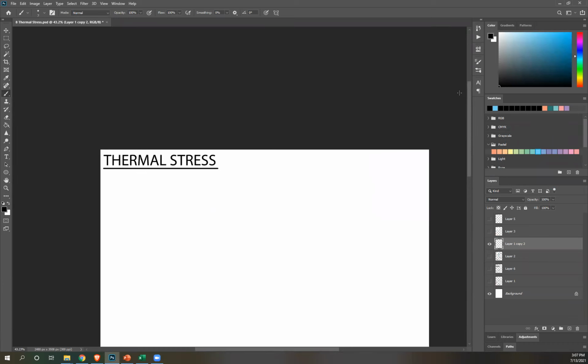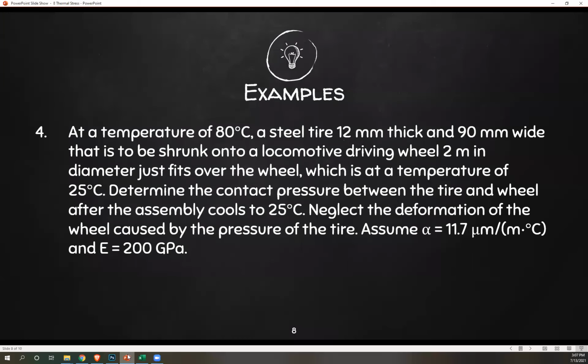Okay, first of all, let's write out our given. Initial temperature 80. And then thickness of your tire, 12 millimeters. Width of your tire, 90.